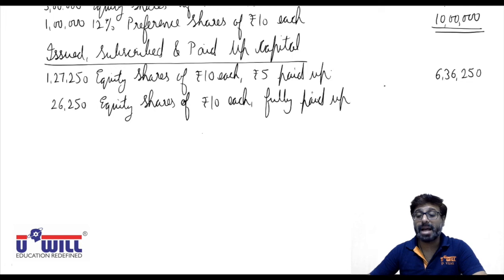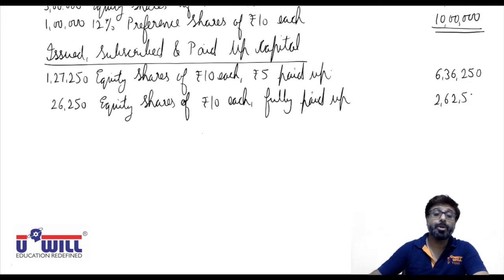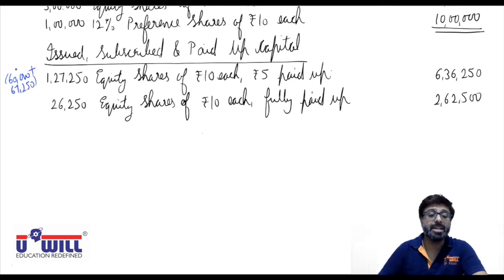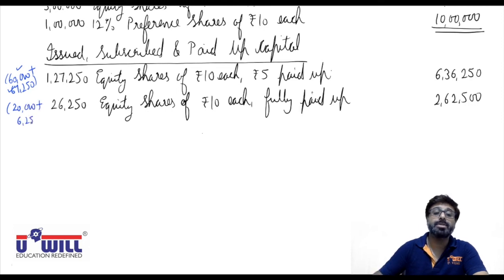That is 2,62,500. Okay, this 127,250 is 60,000 plus 67,250: 60,000 issued to debenture holders, 67,250 issued to equity shareholders. The 26,250 is 20,000 issued to public plus 6250 issued to creditors.